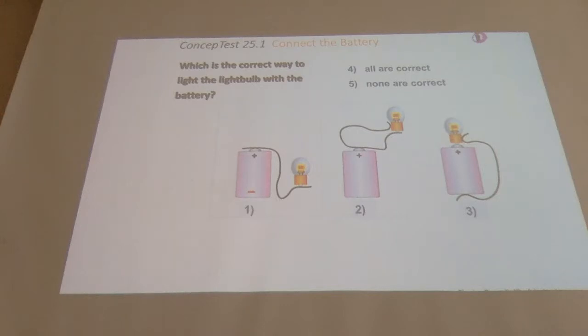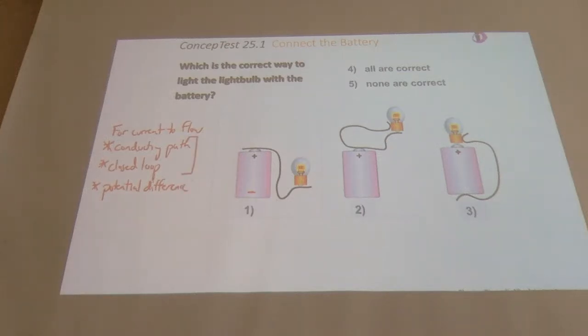In which one of these have I provided a conducting path, and there's a complete loop that has a high potential and a low potential inside of it? While you're thinking about that, I'm going to make a little list here. For current to flow, we need a conducting path, and we need a closed loop, and we need a potential difference.